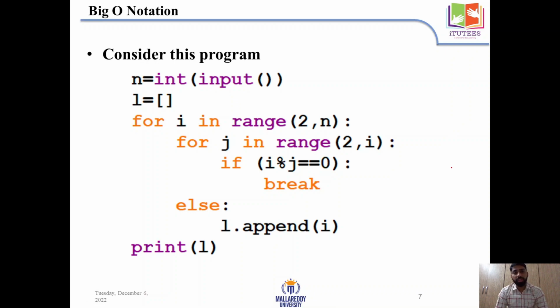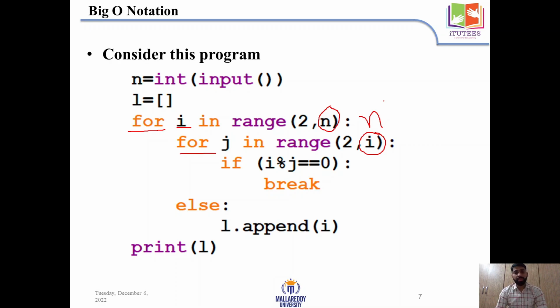In this program, we observe that we are using one for loop inside another for loop. Here we are going to process up to n value. Whenever the i value becomes n, here also we are going to process up to n.